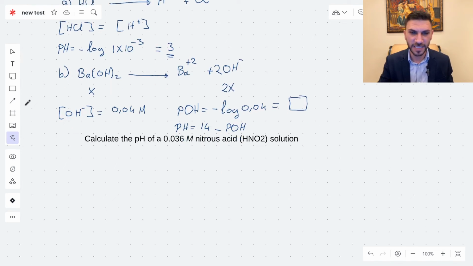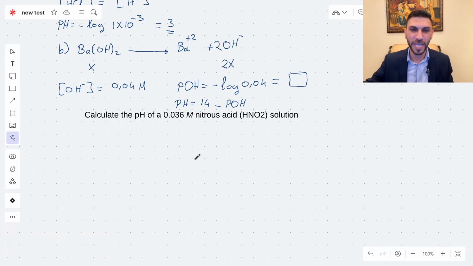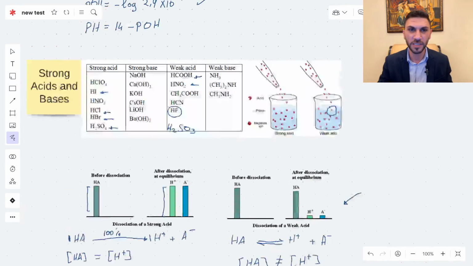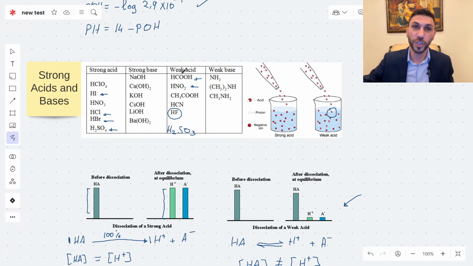Let's check the last example for today. Calculate the pH of 0.036 molar nitrous acid HNO2 solution. All right, let's follow the same case. But if we check the weak acids, we will find that nitrous acid HNO2 is a weak acid.